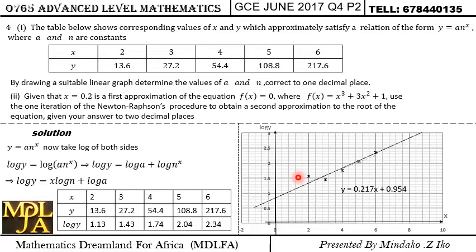Now from this graph, we are going to use these values to look for our values of a and n. We have to obtain n and a. But wait, there is a mistake here. Here was supposed to be log y, not y.